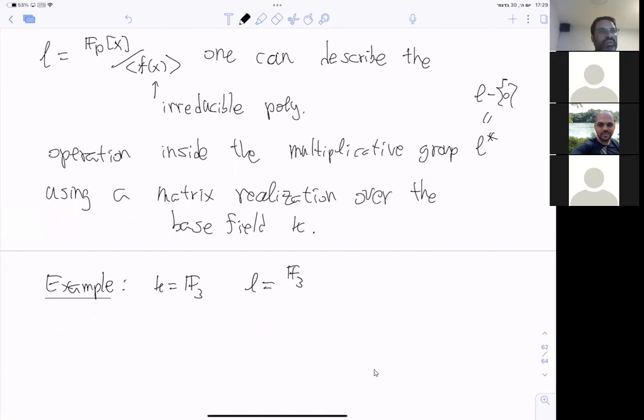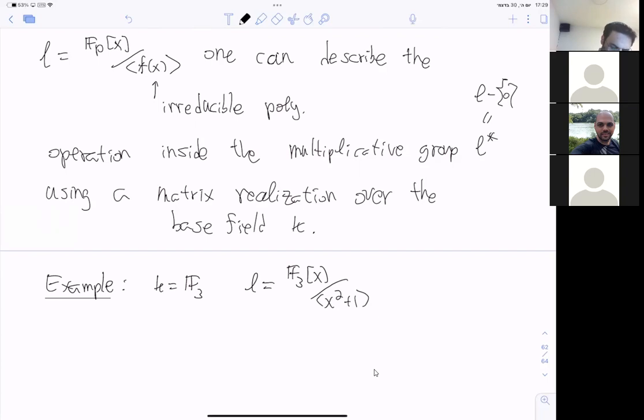I remind you that the motivation to talk about extended fields is to avoid attacks like the number field sieve. We have more elements, so the cryptography is stronger, but the arithmetic is not that of the usual field. So this is better. So we take this extension. This is the simplest one.